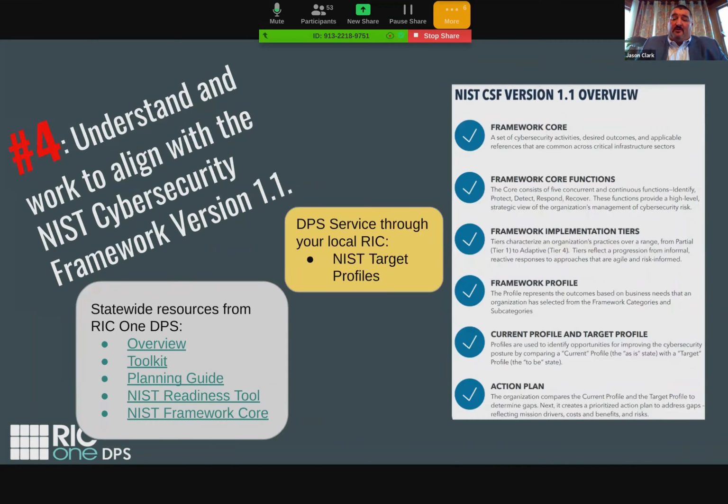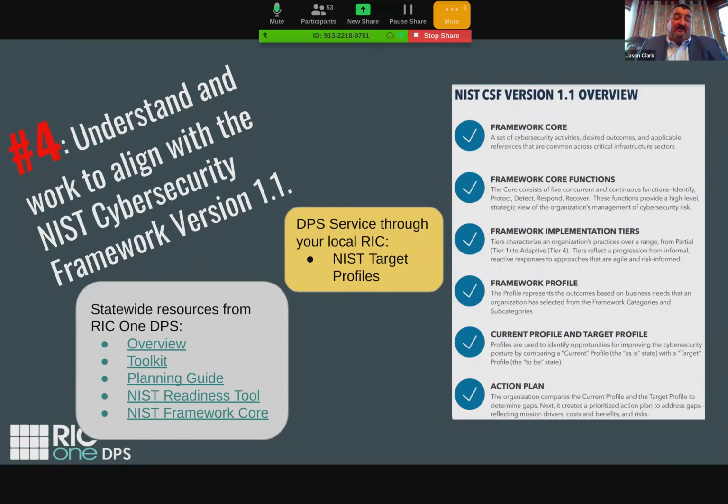So another big part, I know this talk was mainly originally focused on PII, which is a part of Ed Law 2D. But another large part of that, which then affects how the PII is shared and stored, is work around the NIST cybersecurity framework.